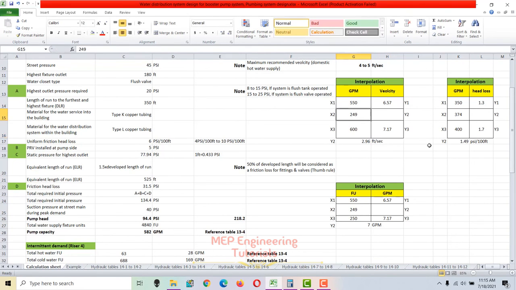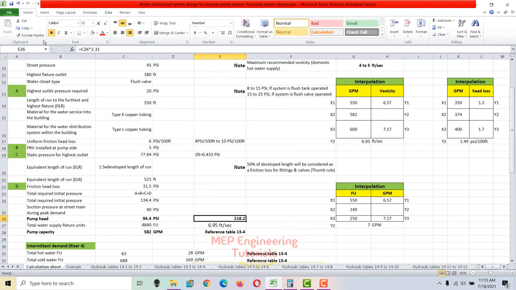We need to check at 582 GPM. So how much will it be? So velocity calculated at 582 GPM is 6.95 feet per second.